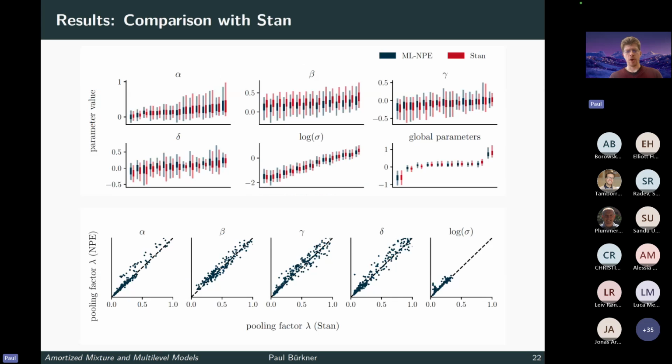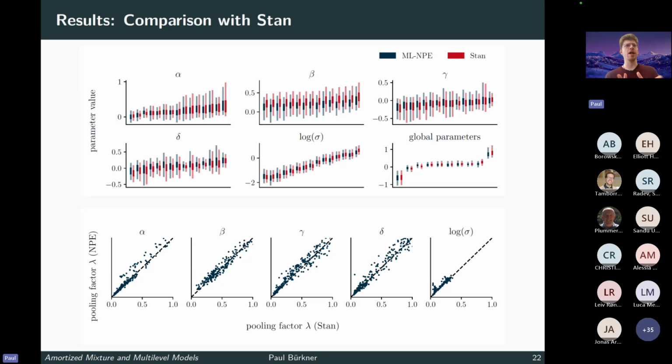Okay. Also here, as a validation, this relatively simple model, we could also fit with Stan. So we did a comparison with Stan. On the top part, you basically see the posterior distributions of the individual parameters, the alpha, beta, gamma, delta, and log sigma, which are the individual local parameters. So each of these lines indicates a specific country.